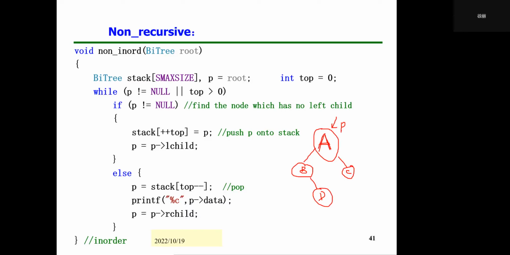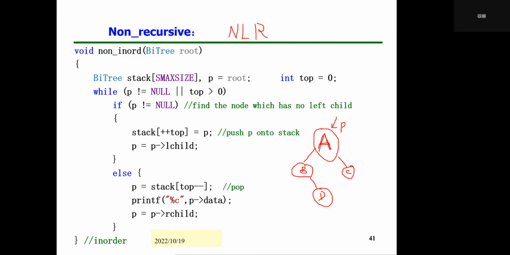In pre-order, can we visit A now? Since it's pre-order, every time when we start from a root, the first node we visit will be the root, and then the left, and then the right subtree, right?